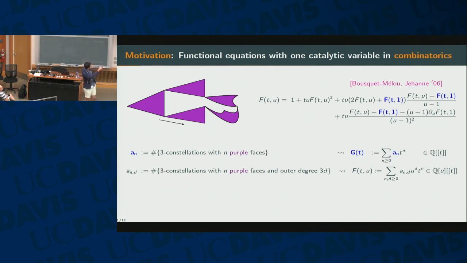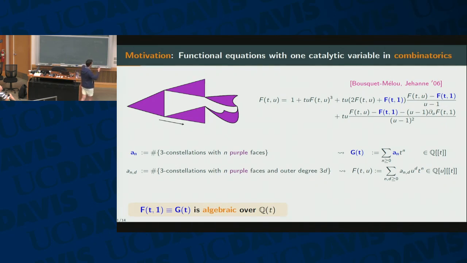When you fix the number of faces, you cannot have an infinite degree. Then the coefficients of this series are polynomials in the catalytic variable. The good property is that the specialization u equal to 1 of the function f is just the initial generating function g(t).